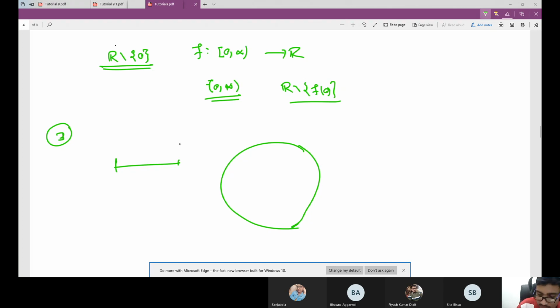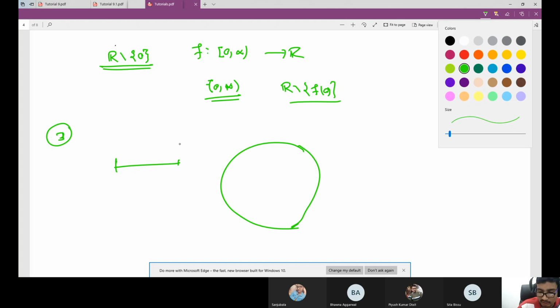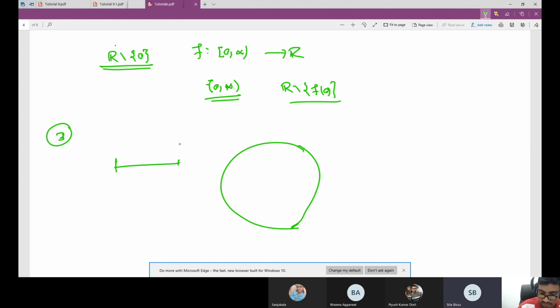Tell me whether they are homeomorphic or not. No sir. Why? We take a point from here. If we delete a point from the circle it will still be connected, but the segment becomes disconnected. Therefore they are not homeomorphic.